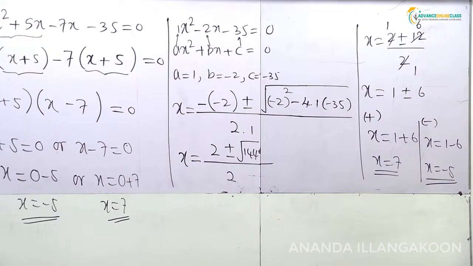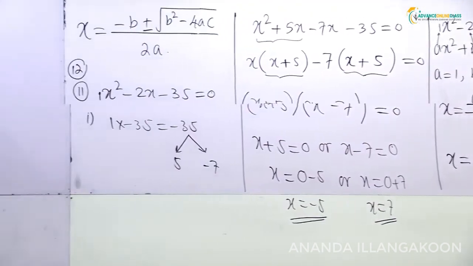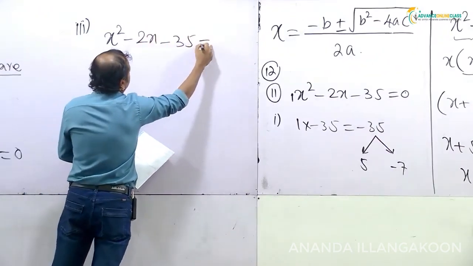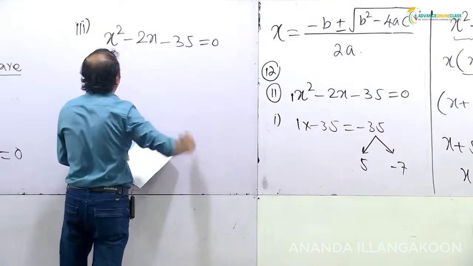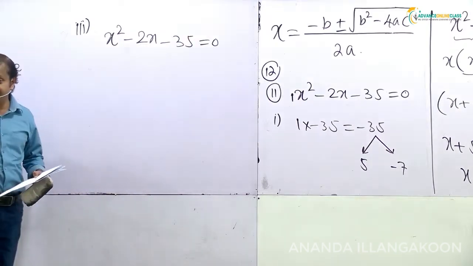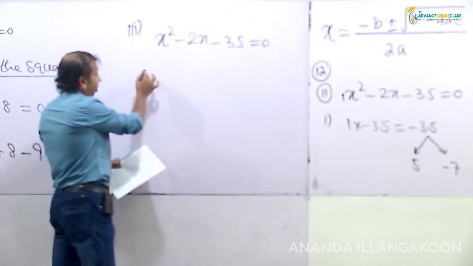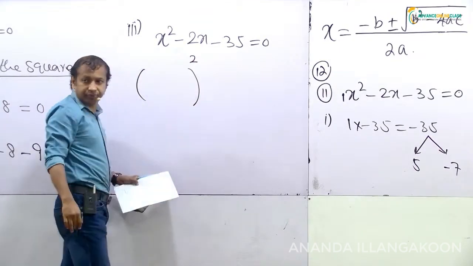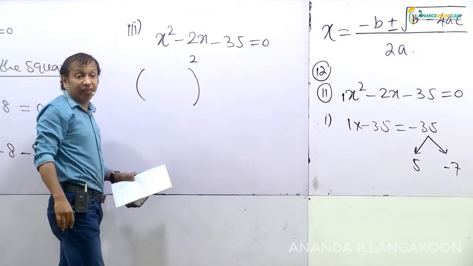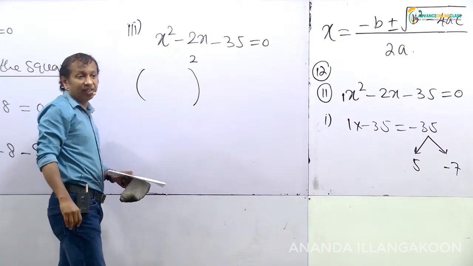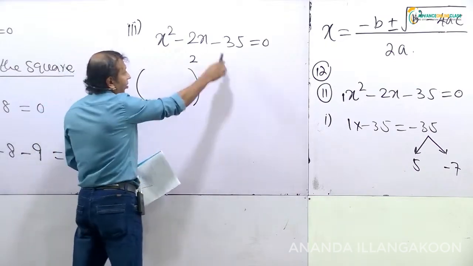Third method: x squared minus 2x minus 35 equals 0. What are the steps there? First, put a bracket, put a square there. Then, with the sign, we write the real number, the number that doesn't contain x. What is that? Minus 35.